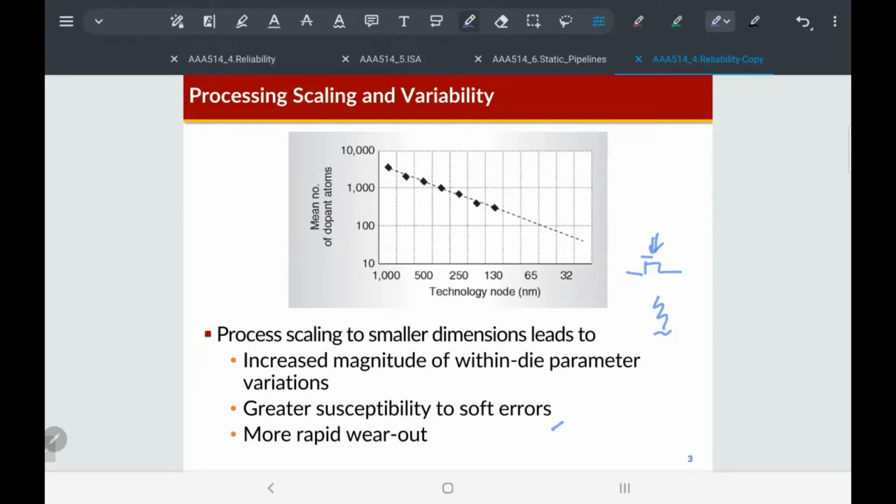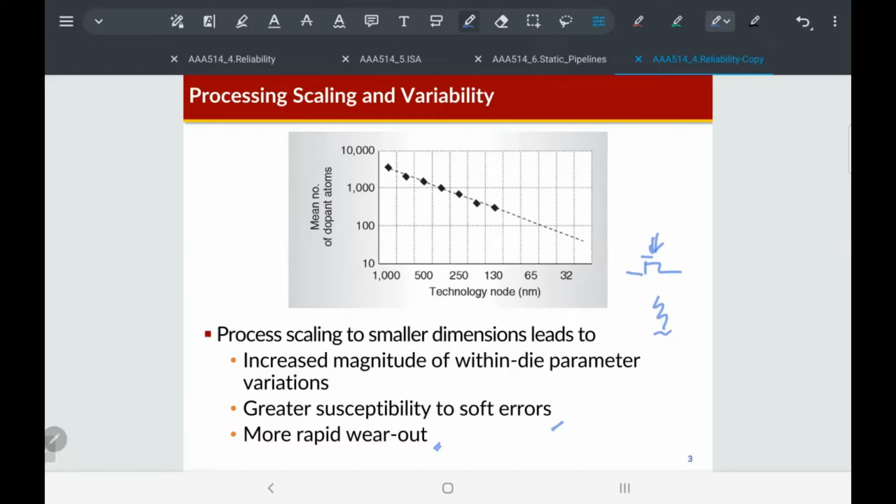Okay, and then another issue, the wear out issue. The wear out issue means that our devices, or our clothing, get worn out. Worn out means it's getting old.